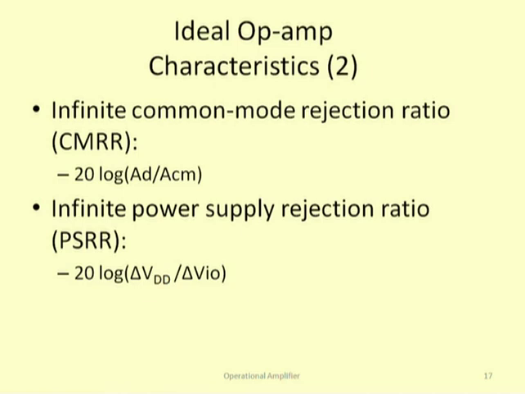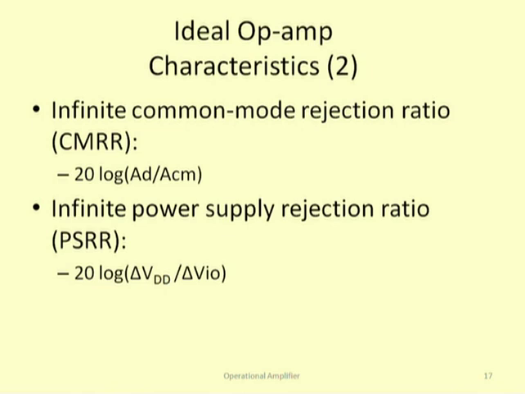For example, let us assume AD is 10 raised to 5 and ACM is 1. Then the ratio of AD to ACM is 10 raised to 5. Now you convert this into dB: 20 log AD by ACM, you will get 100. It means CMRR is 100.